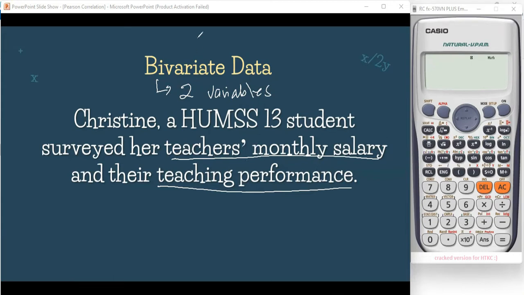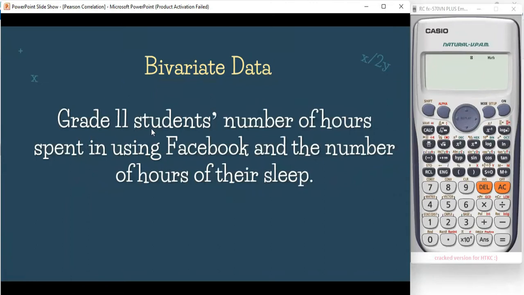Let's have another example. Grade 11 students, number of hours spent in using Facebook and number of hours of their sleep. What is the bivariate data here? First is the number of hours spent in using Facebook, and the other one is the number of hours of their sleep.